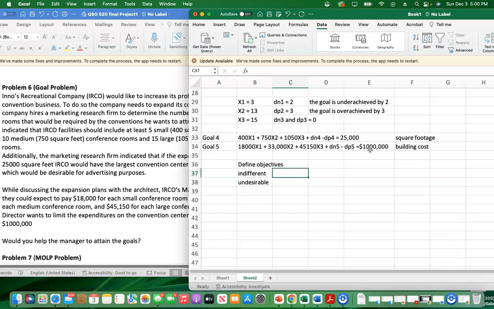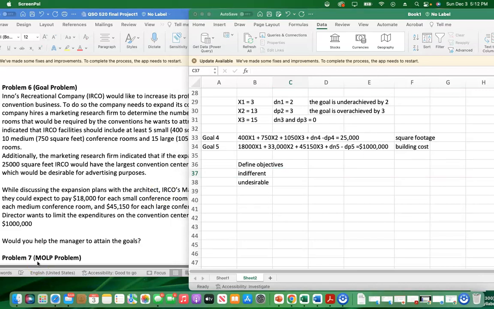So in this case, for goal number 5, the decision maker will consider it undesirable to spend more than $1 million, and it is indifferent to spend less than $1 million.